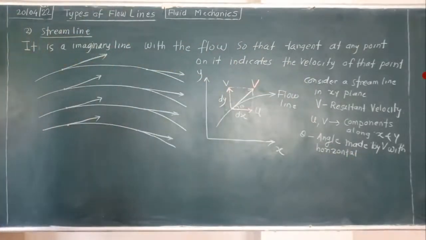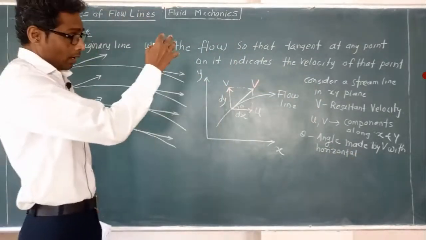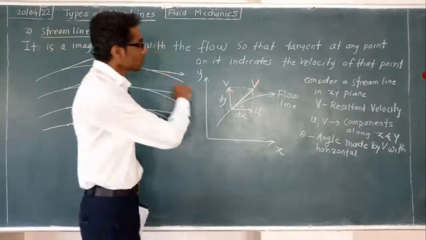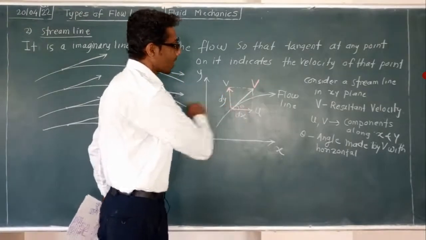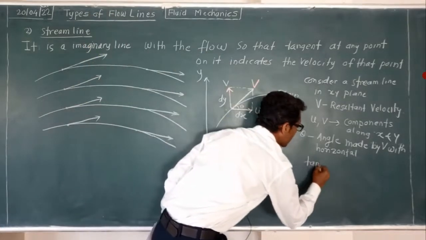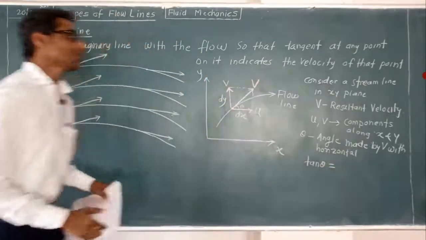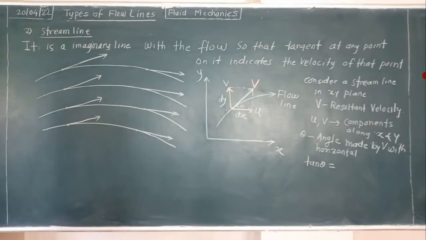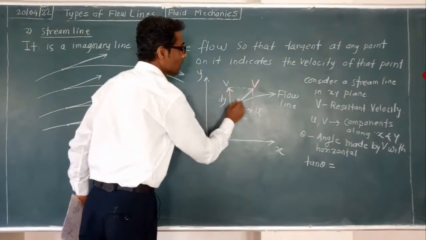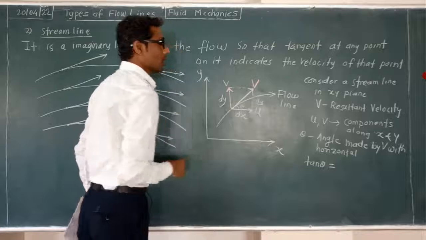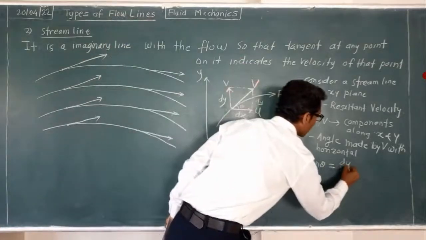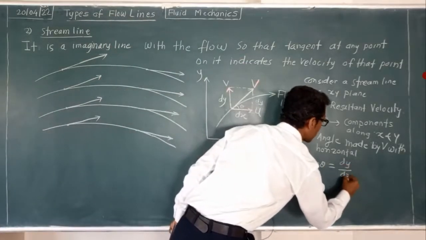Now we will represent this in equation form. If you take this triangle and take the tan theta relation, tan theta will be what? The front side dy, because here is dy, so its parallel is also dy, divided by dx.